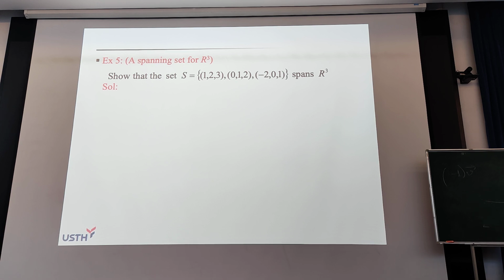The example here is about three space, but I want to begin with two space. It's easier for you. Two space is here, and I claim to you that if you take u here and v here, then u and v span R2.